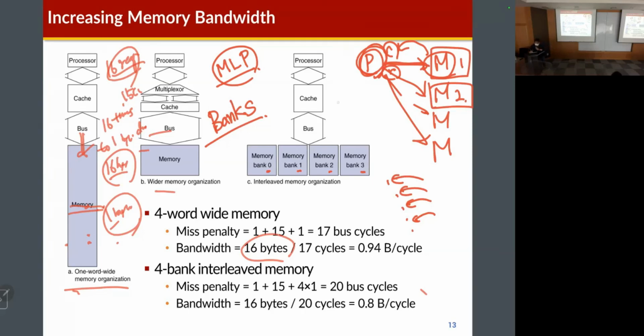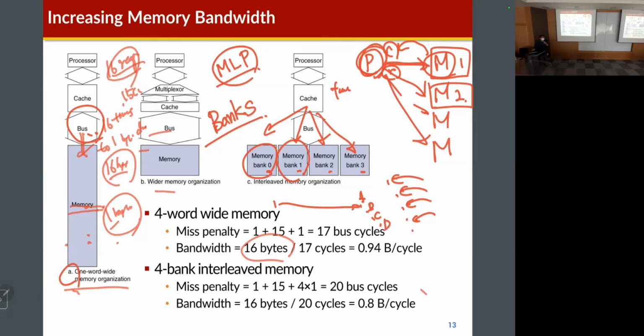But you can find that the width of the bus is identical to the width of the bus in organization A. So because the processor is very fast, the processor can give a request to memory bank 0, and the next cycle, the processor gives another request to memory bank 1, 2, 3, and then after some latency, the data is returned from the memory sequentially from A, B, C, D, like this.